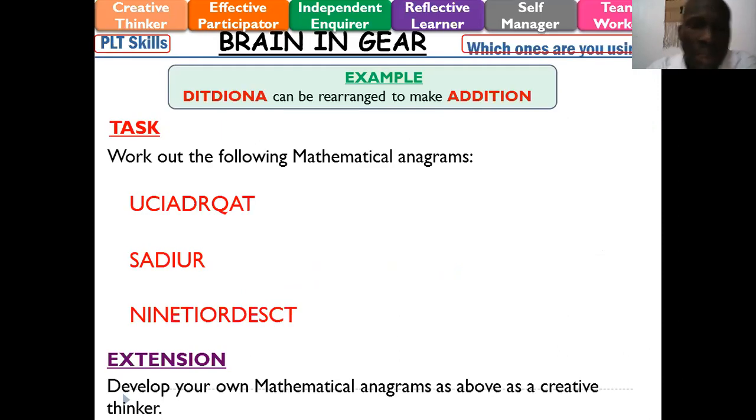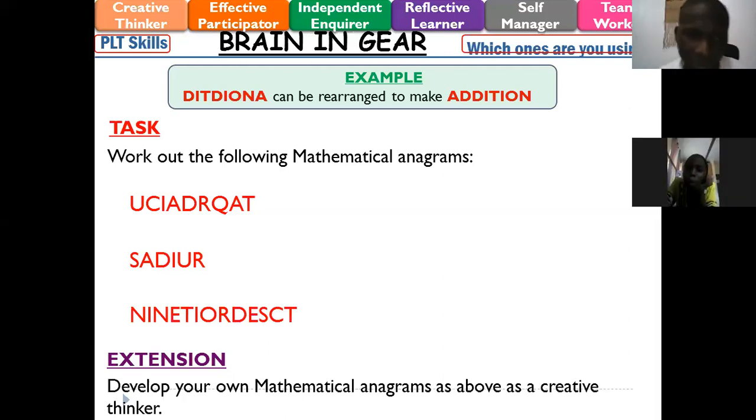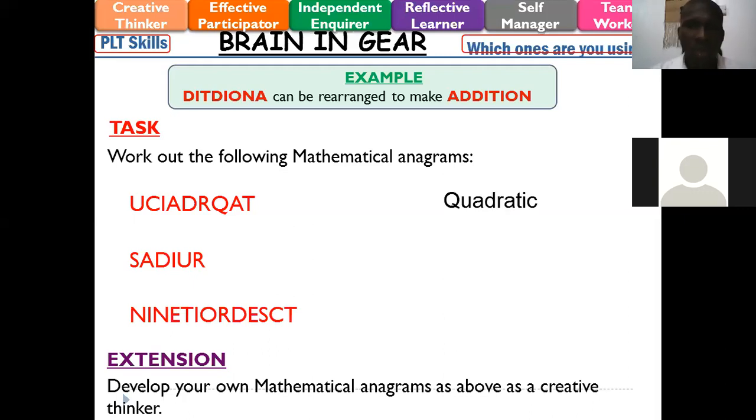Now, just a quick introduction before we begin properly. We have an example of words which can be rearranged. In the task given below, you have three anagrams. So if you rewrite them correctly, the first one gives you quadratic. Beautiful, thank you.